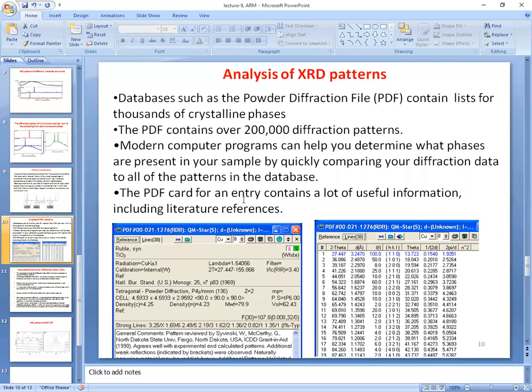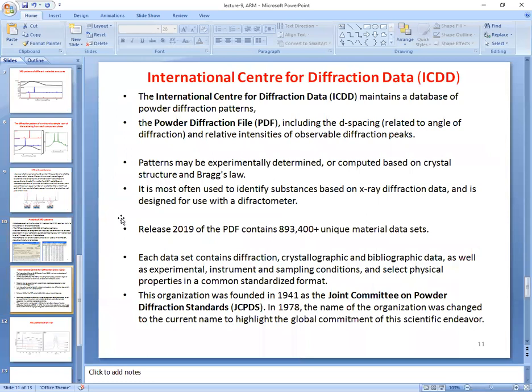Okay, so when we obtain data, how do we analyze these planes? Databases such as the Powder Diffraction File, PDF, contain lists of thousands of crystalline phases. So we have a database which is called the International Center for Diffraction Data, ICDD.